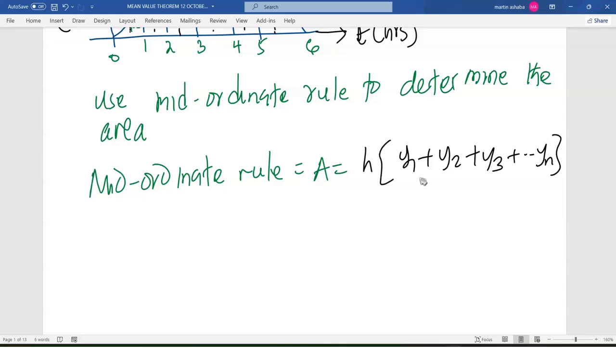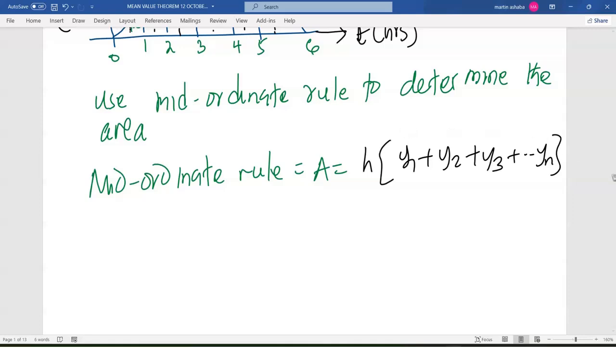That is, if what is inside here are the values of the function at the mid-ordinate values of x, if we are talking about a function f of x.